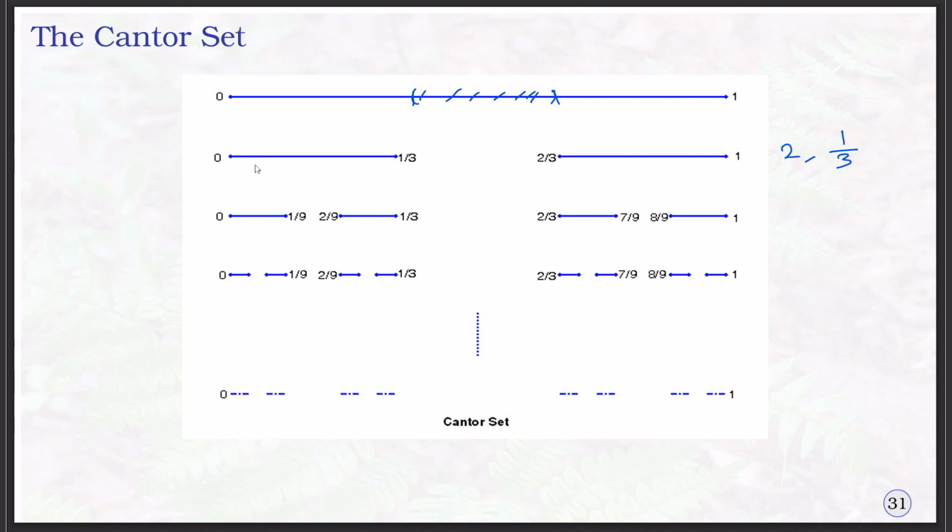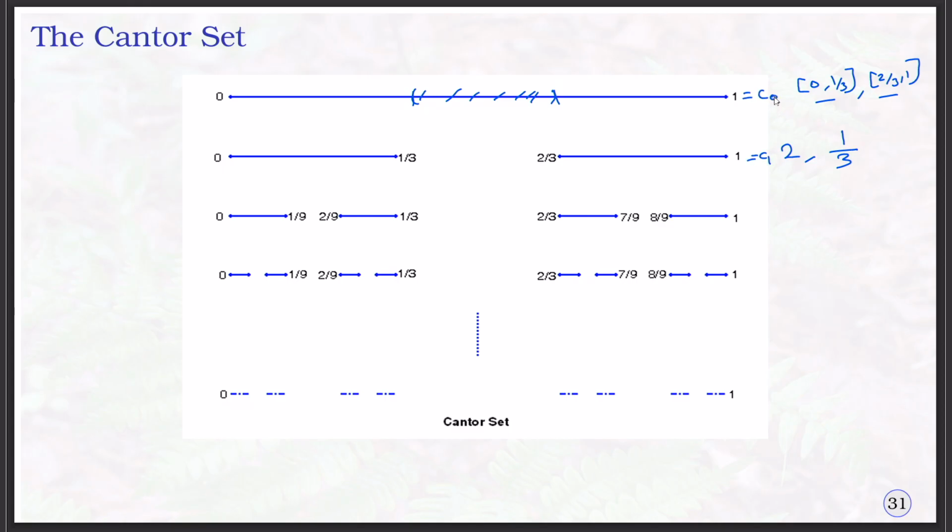To cover C1, we need 2 intervals: [0, 1/3] and [2/3, 1]. By using these two intervals we can cover the set C1.